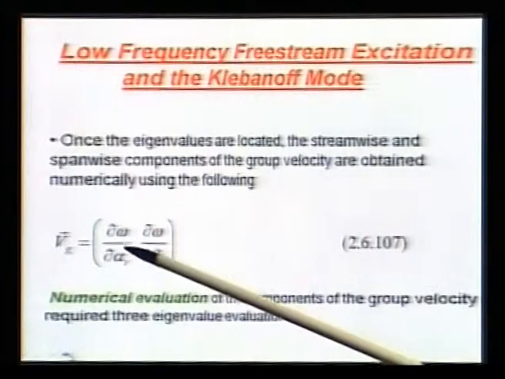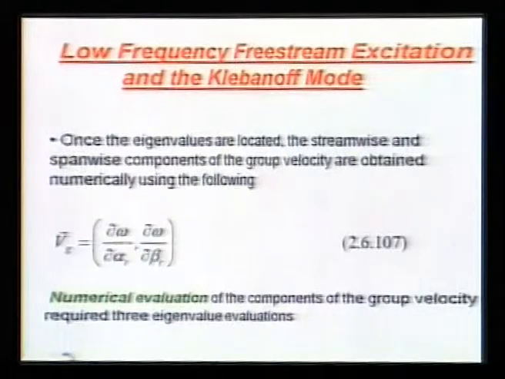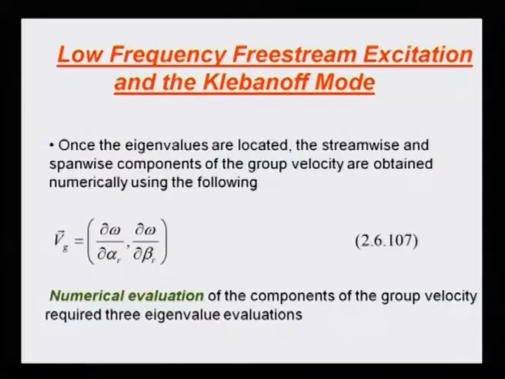So, we can actually numerically evaluate this Vg. And that is what is done, and the expression that you are seeing there is the numerical evaluation of the group velocity components. Aren't these two components in the x and z direction?